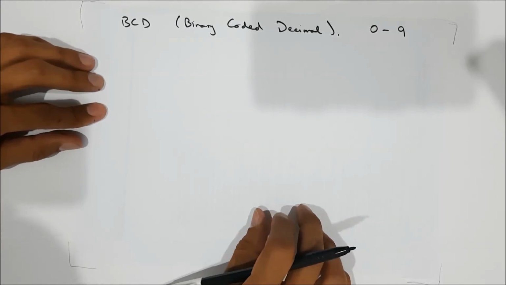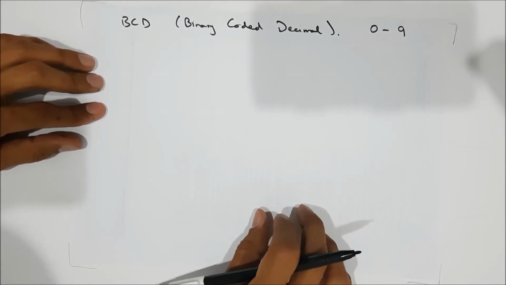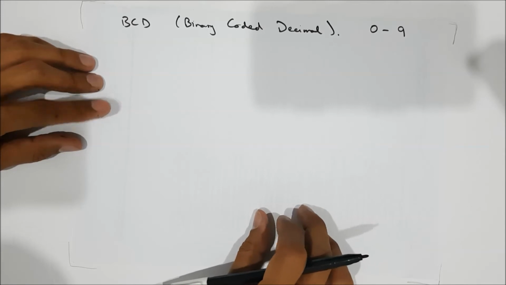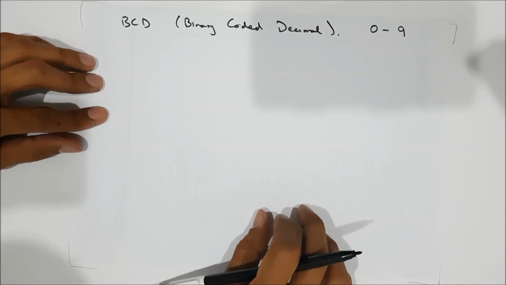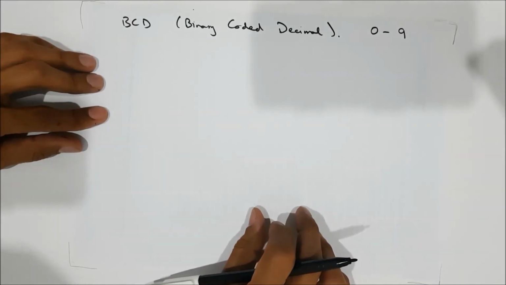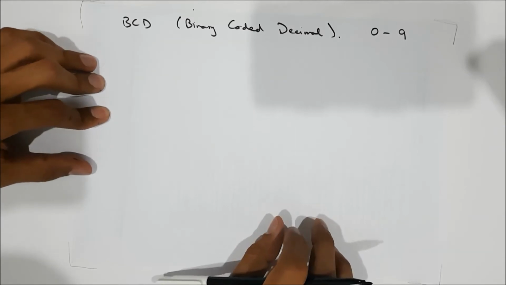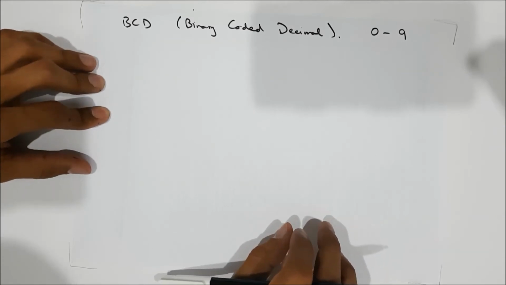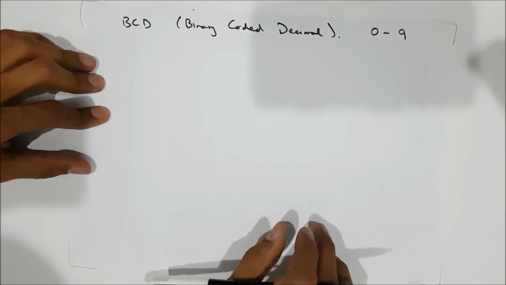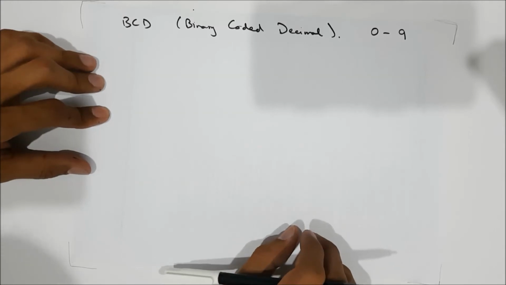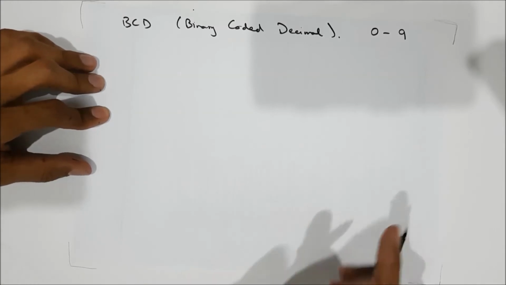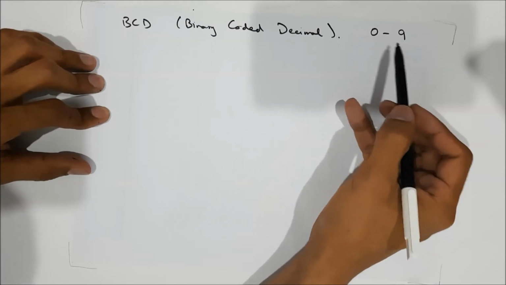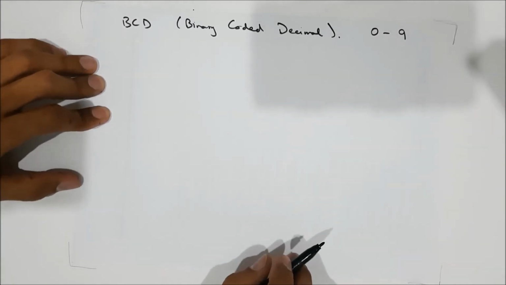A computer won't bother if its input is given in the form of a hexadecimal number or a binary number or a decimal number. But it would be difficult for human beings to interpret if they are given the values in hexadecimal or binary numbers. So humans mostly just recognize the counting from 0 to 9.